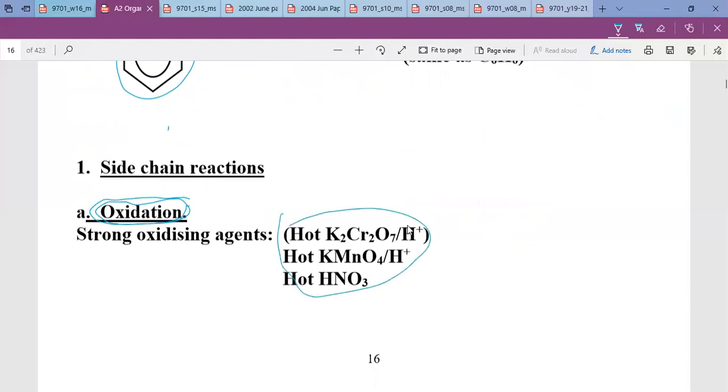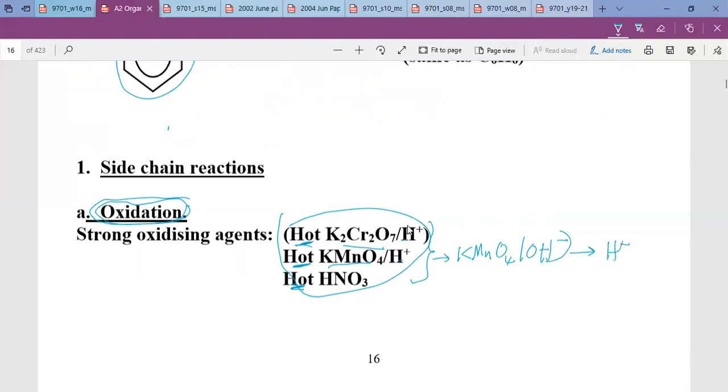Must be hot. You can find in books, there are three of them: potassium dichromate, acidified, KMnO4, acidified. Sometimes they put KMnO4 with alkali, you can also use, you will understand why later, then followed by acid.